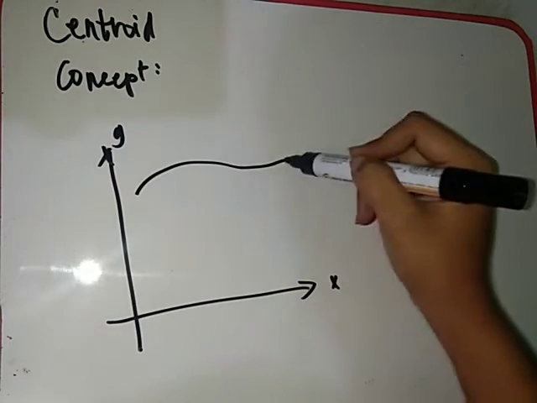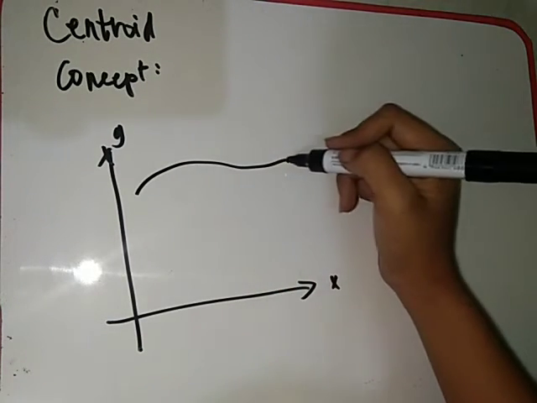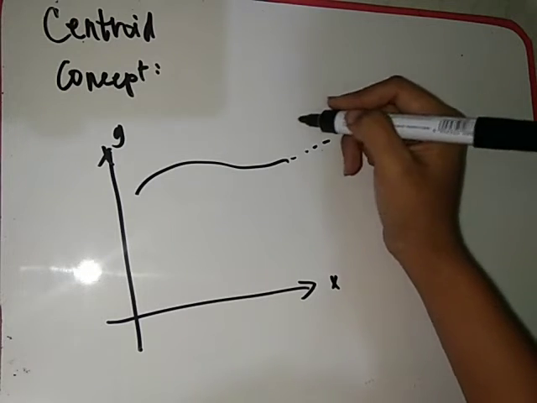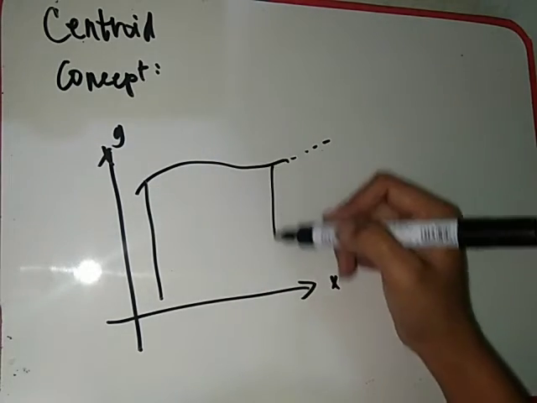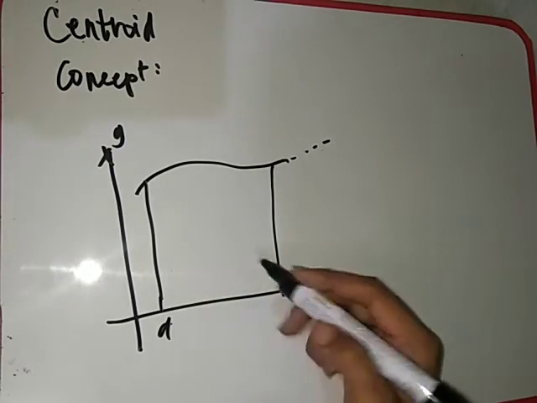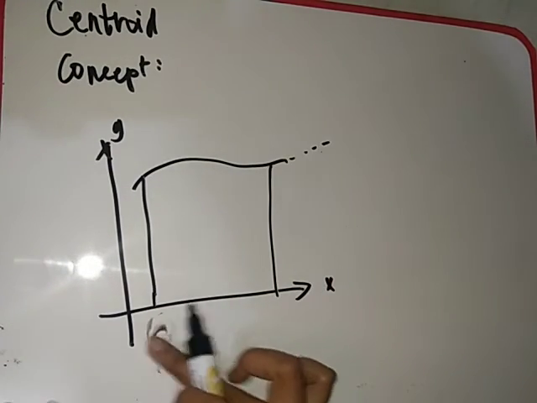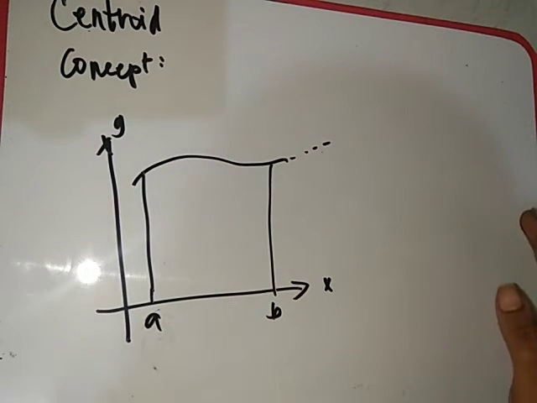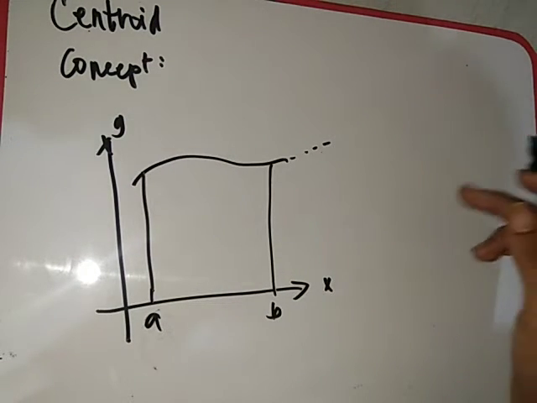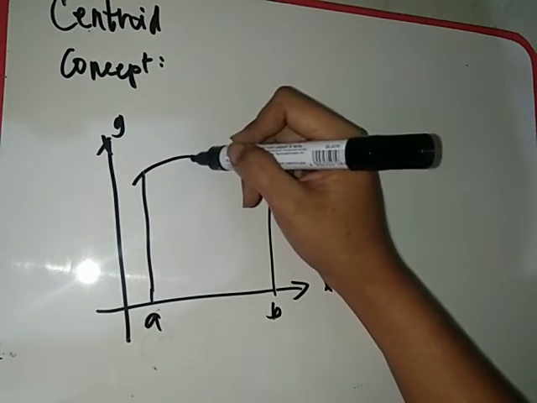So this is the curve, and this is A to B, so we will make a strip.